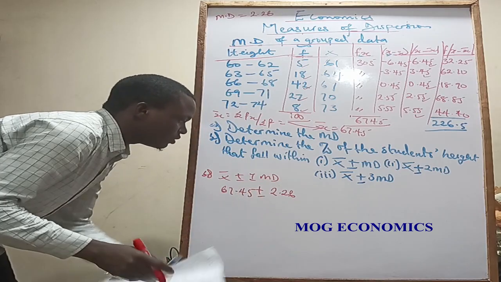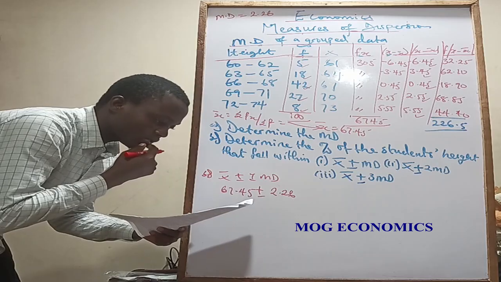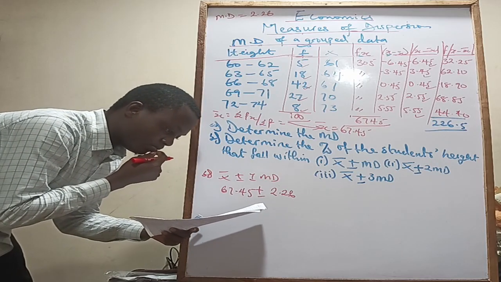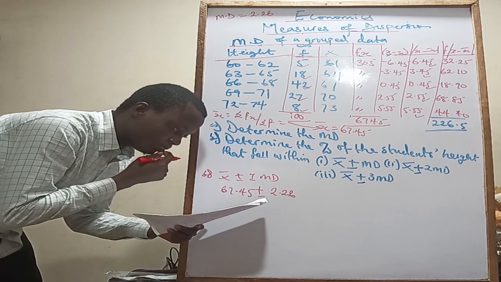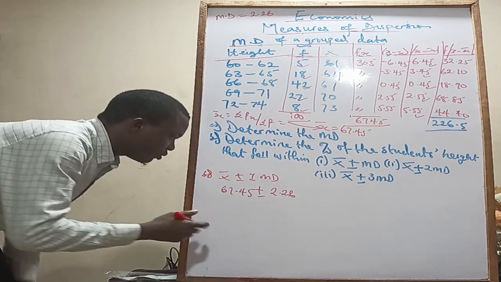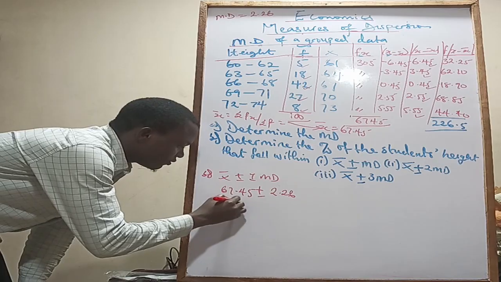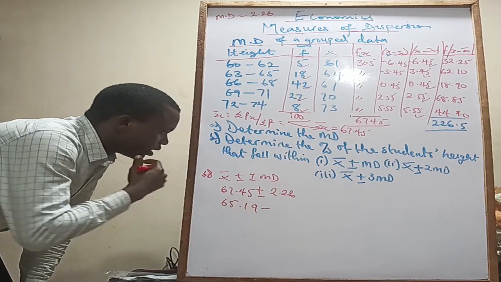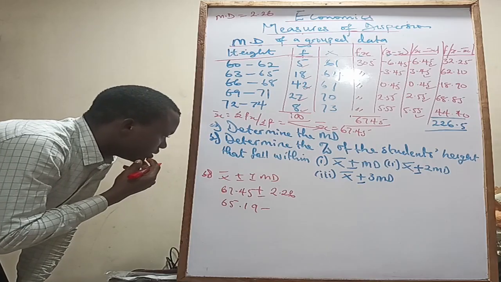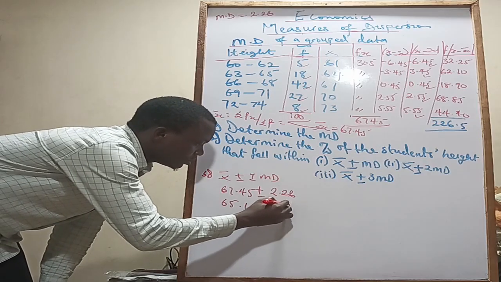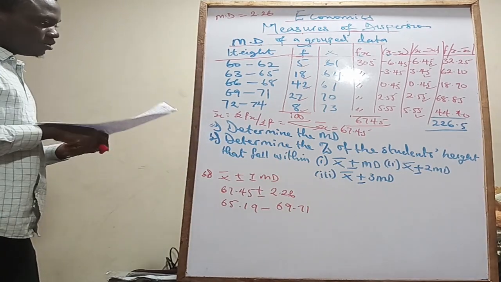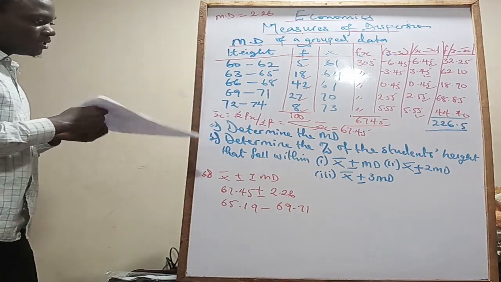Now 67.45 minus 2.26 is going to give us 65.19 to 69.71. So we are trying to look for students that fall within this range.